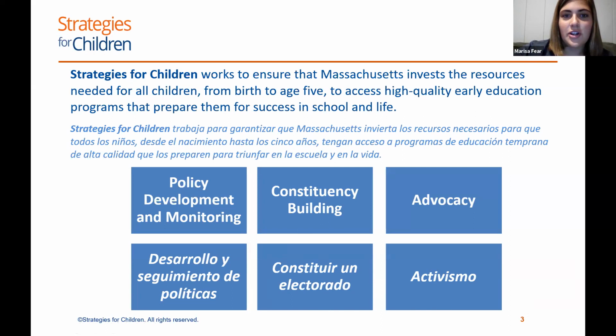Strategies for Children works to ensure that Massachusetts invests the resources needed for all children from birth to age 5 to access high quality early education and care programs that prepare them for success in school and life. So we are not a part of state government. We consider ourselves friends of the state. We are partnering with them to help provide all of you with technical assistance and application support with this grant application.